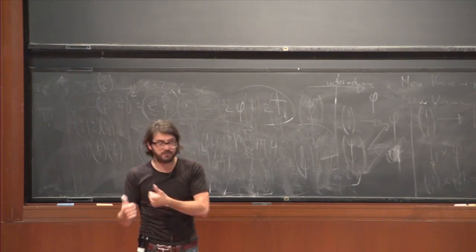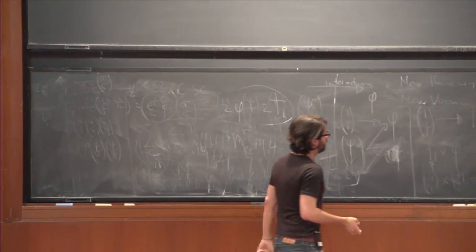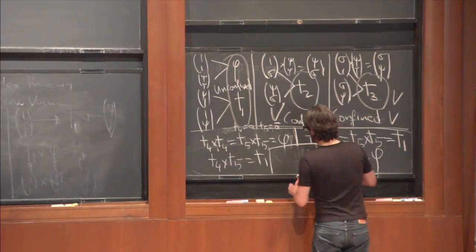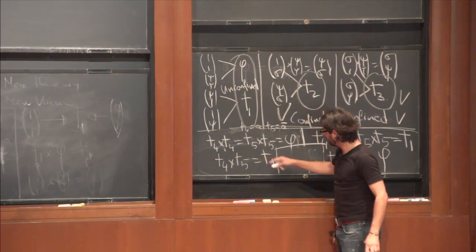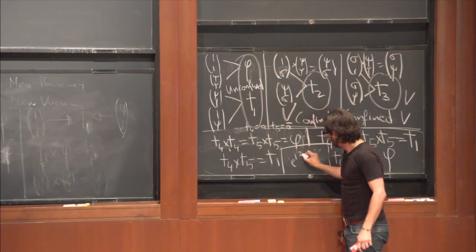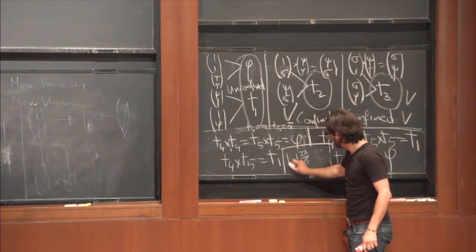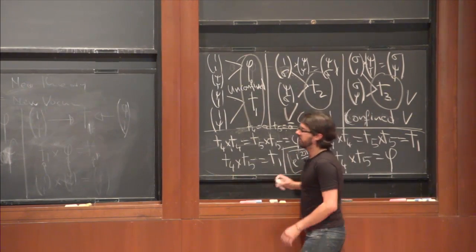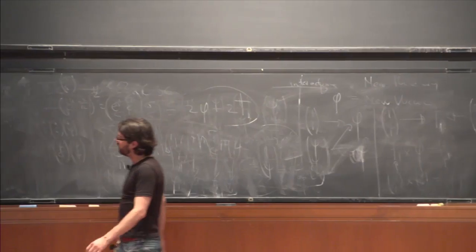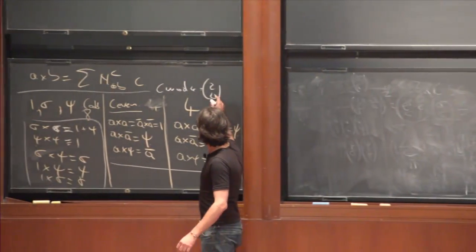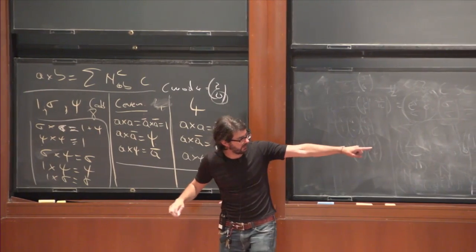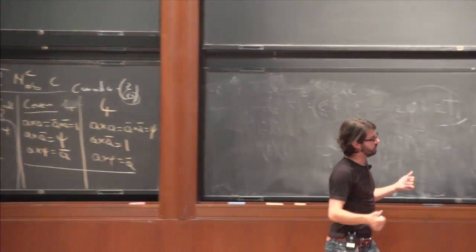You'll see that the phase you get for the exchange of vortices for the particle T4 or A is e to the i 2 pi over 8. If you do the same in the C equals 0 mod 4 theory, you won't get that number for the exchange of two vortices.